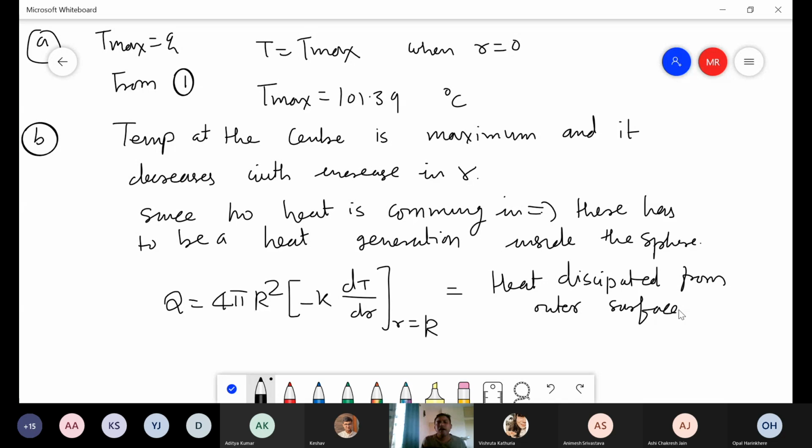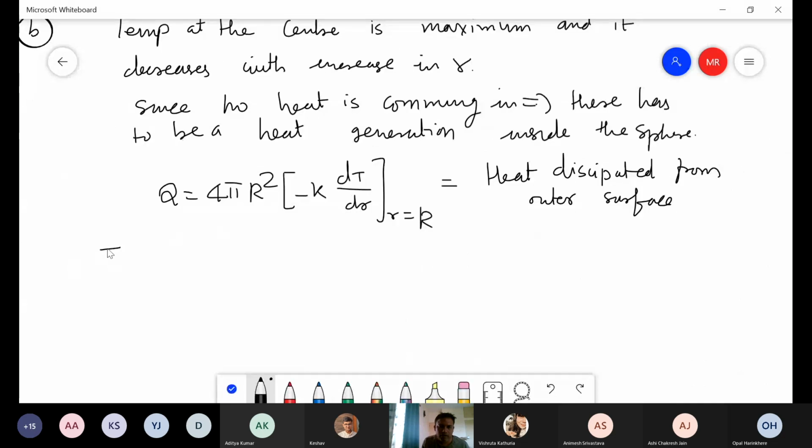Correct. So here the radius we know, the thermal conductivity of the sphere we know, and dT by dr we can directly obtain from equation number 1, isn't it? So from equation number 1, dT by dr can be obtained as 2.778 into 10 raised to the power 3 r, isn't it?